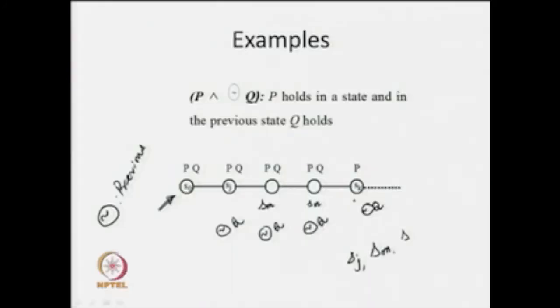So, here we cannot talk about whether previous q is true or not. So, here I am not going to say that p and previous q is true, but in these 4 states Sj, Sm, Sn and Sk, p and previous q is true. Okay. So, this is the way we are going to look for the truth values of our temporal formula.